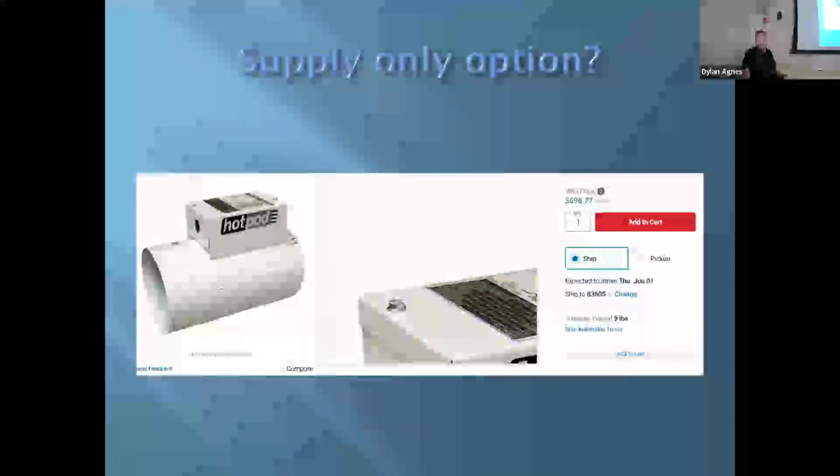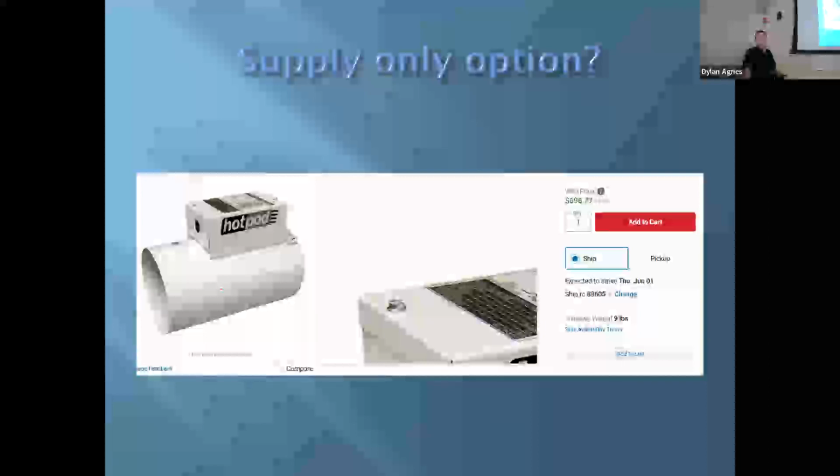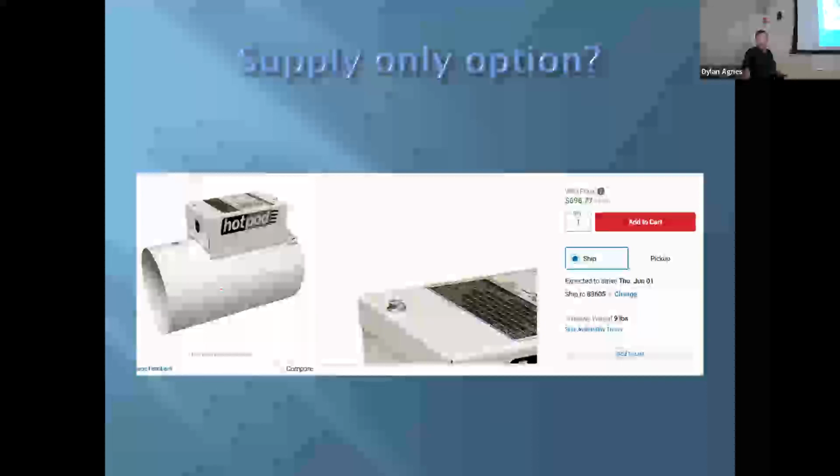This is a supply only fan with a heat strip in it. You can see they're not cheap. This one's $700, and then you have to have some type of a thermostat to control it. We can do it with the equipment itself.